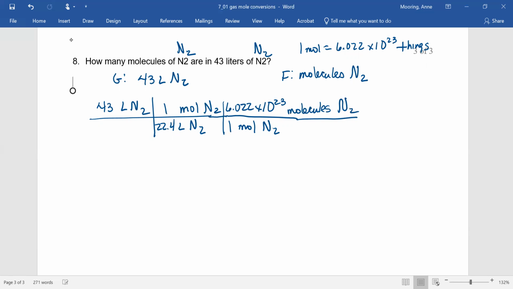And plug everything into the calculator. Your calculator says 1.56 times 10 to the 24th, but we can only have 2 significant figures, so you should write 1.6 times 10 to the 24th.